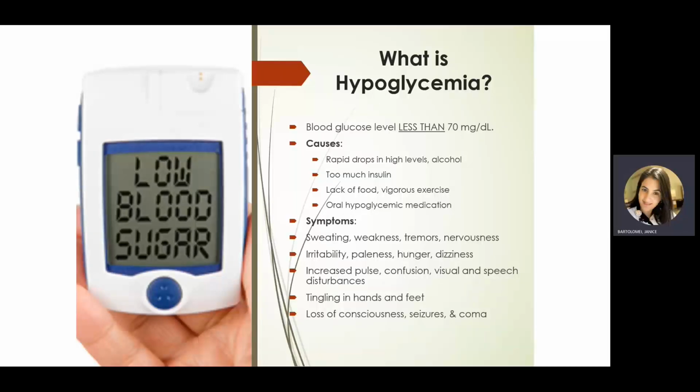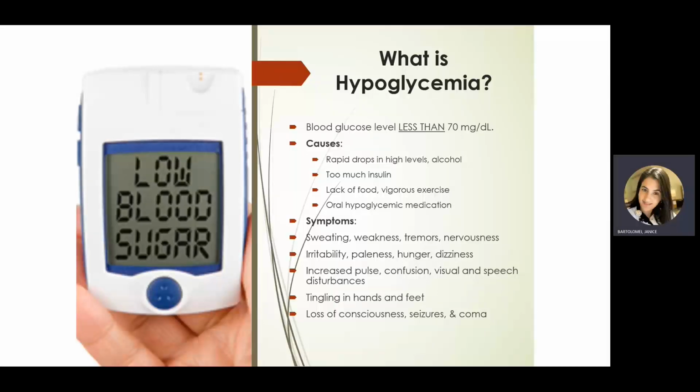So I always say, yes, the definition is less than 70, but just know to listen to your patients. Listen carefully to them. They know their body better than you. If they tell you, hey, I think I have a hypoglycemic event, even though you might take their glucose level and it might be 100, listen to them and pay attention.